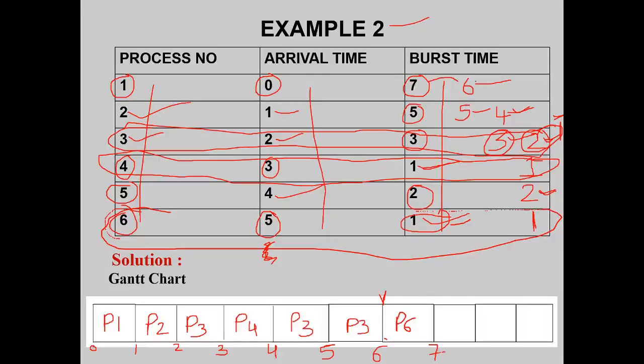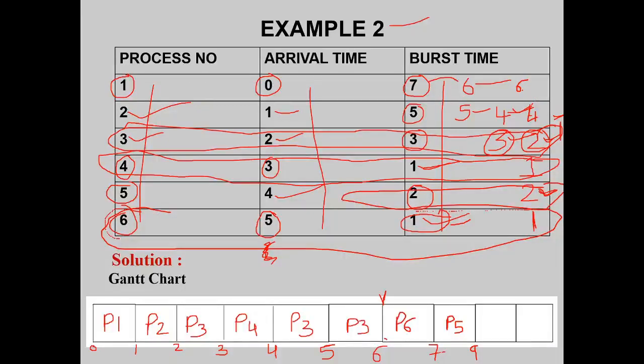So till now, which is remaining? Burst time 6, burst time 4, and burst time 2. Process P5 has less burst time, so allocate the CPU for process P5 with 2 units. So 7 plus 2, 9. Even this is completed.